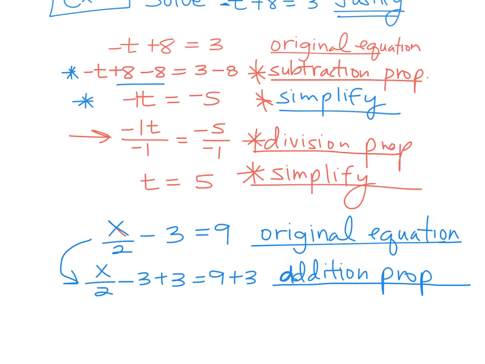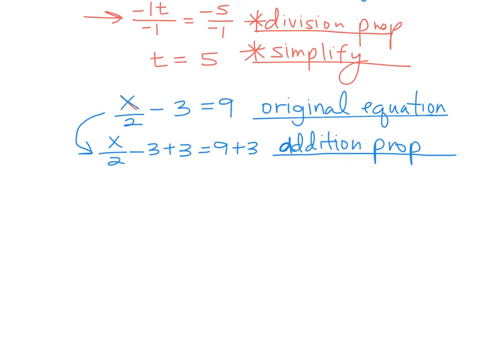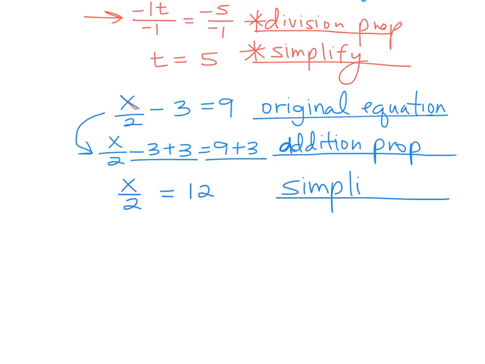Okay, so then the next line they're going to give you is going to say x divided by 2 equals 12. What did I do there? That is simplify. I just did the addition from that addition property, right? I added this together, I added that together. So you just say simplify. Okay, my next step is going to look like this. X divided by 2 times 2 equals 12 times 2.